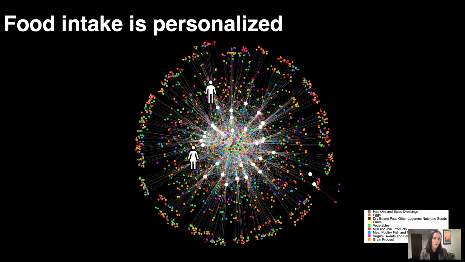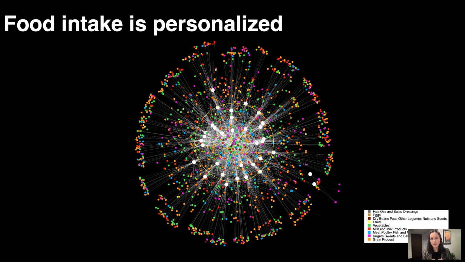So each of the white points are the individuals in our study, and each of the colored points are the foods that a person reported eating, colored by the food group that those foods belong to. So what you can see is that in the middle of this network, which is weighted by how many people ate each food, there are foods that were reported by lots of people in the study.